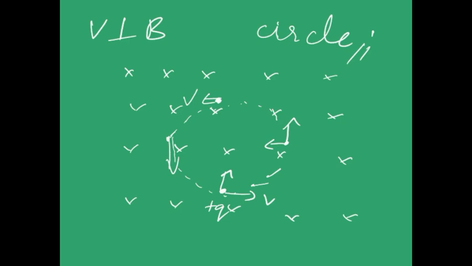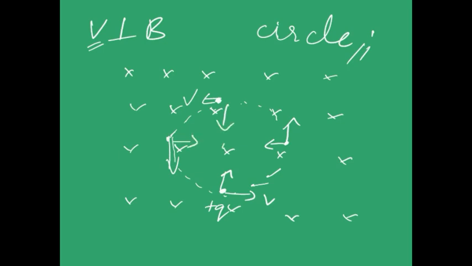And there is something more I need to discuss here. Because the magnetic force is not doing any work here, the kinetic energy of this particle is not going to change. I mean to say that the magnitude of v is going to remain constant. Now, you know that the particle observes a circular path, right? And the magnetic force here is always acting towards the center of the circle.